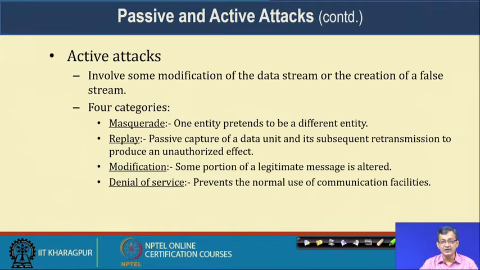Modification: some portion of a legitimate message is altered. Denial of service: prevents the normal use of communication facilities. The DoS attack is a very popular attack. Everything is in place, but you cannot access the information.